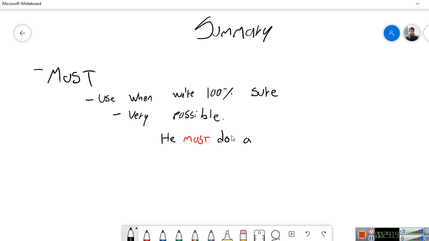He must do a lot of exercise because he's a strong man. Another word, well built, yes. How to say that?